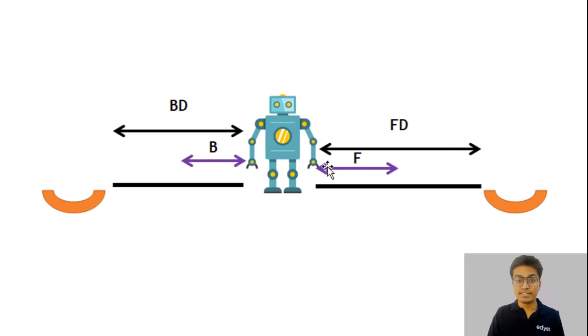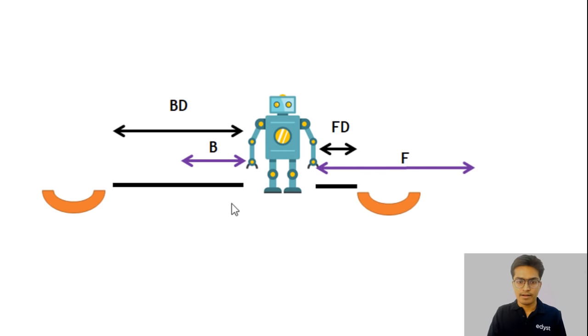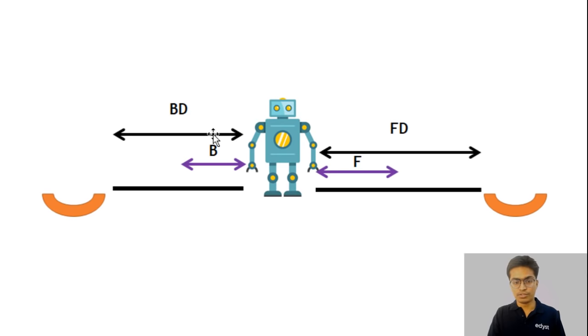The first ever step that we take in this question is always going to be in the forward direction. So you can always take a step F meters long in the forward direction, and when you go back, B meters.